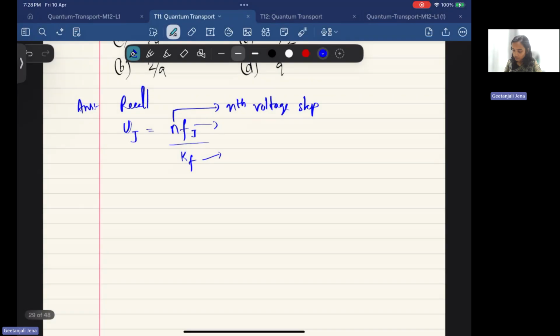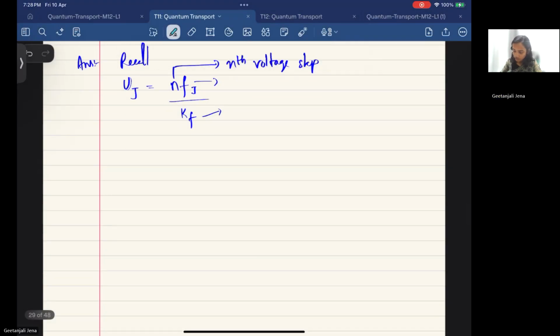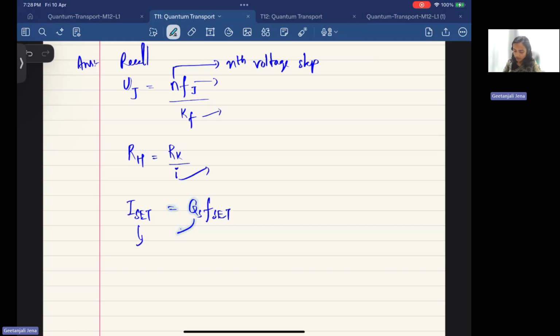And for the quantum Hall effect, to measure the resistance standard, RH, we can write it as RK by i, where i is the resistance plateau we are considering. And we have the current through the SCT, which we can write as QS FSCT, the current generated in the SCT by a charge QS and frequency FSCT.